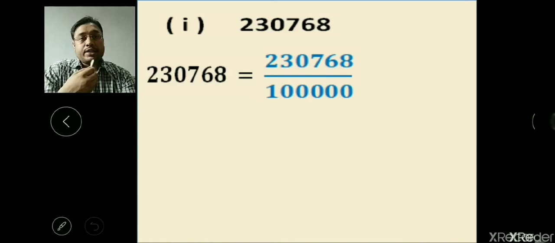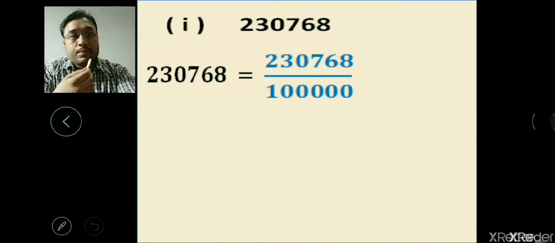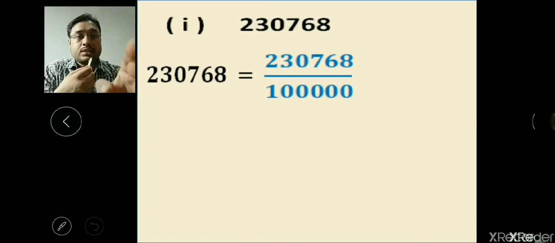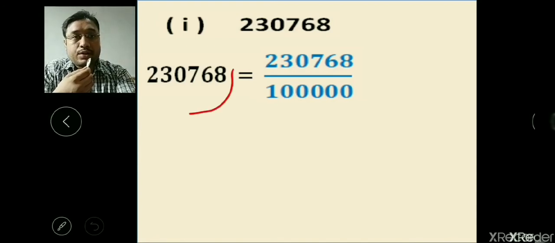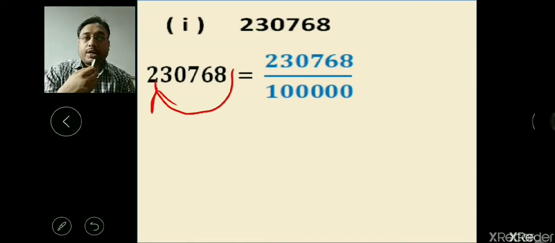If you divide 2,30,768 by 1 lakh, which contains 5 zeros, then the decimal point, which is right now just to the right of 8, will come between 2 and 3. The decimal point will come between 2 and 3 if you divide it by 1 lakh, which contains 5 zeros.